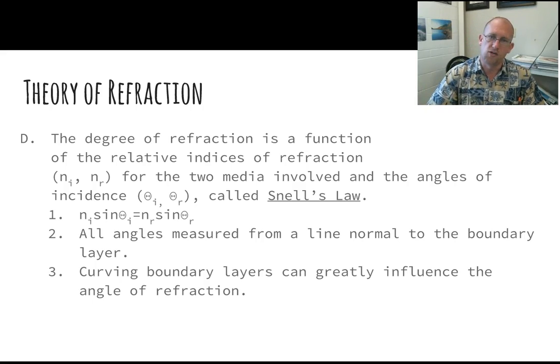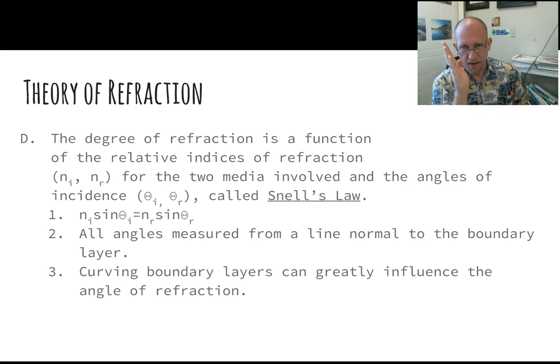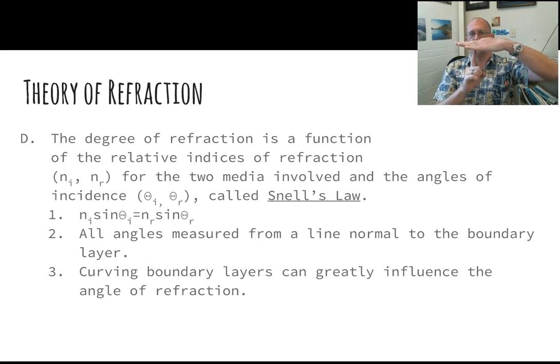And so again, we measure everything from the normal line, and if we curve the boundary, then the normal line is still at a 90-degree angle to the point that the light hits it. So if we have a flat substance that the light is passing through, and we have a normal line that's perpendicular to that, then it's a nice normal crosshair kind of coordinate system.